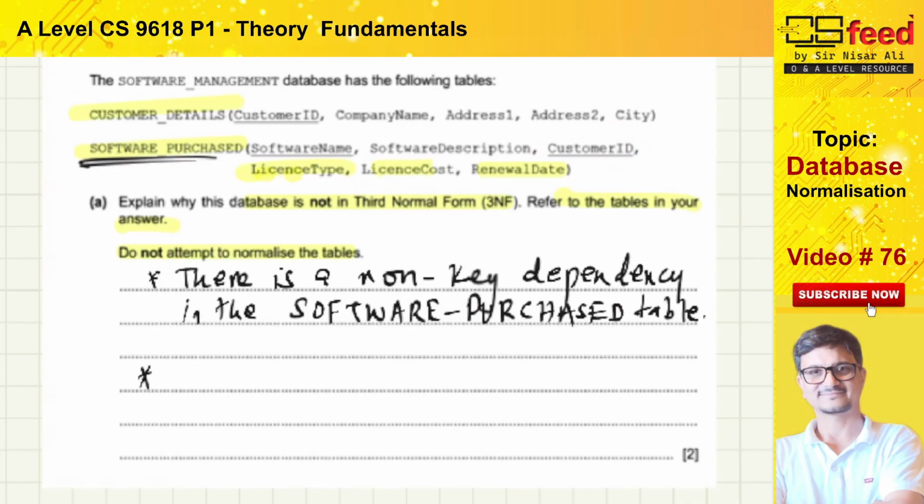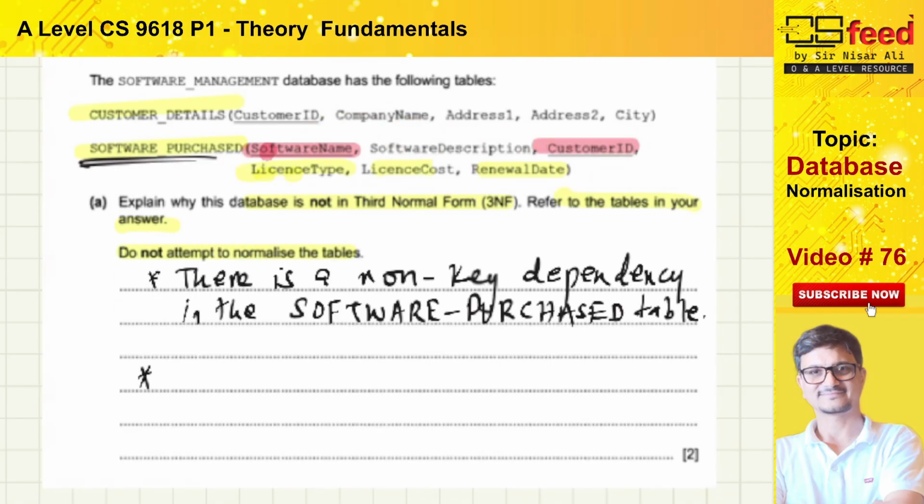And the second point is the software purchase: software name, software description. In this table you can see that both of the keys are underlined, so it means this is a composite key. If you see, the software description is only dependent on the software name, not on the customer ID.